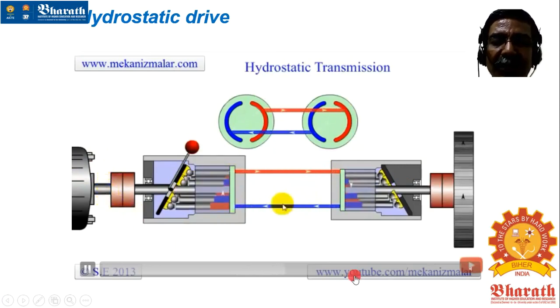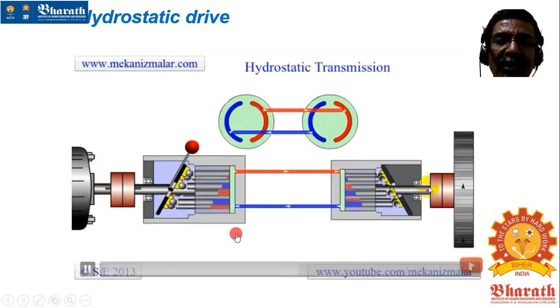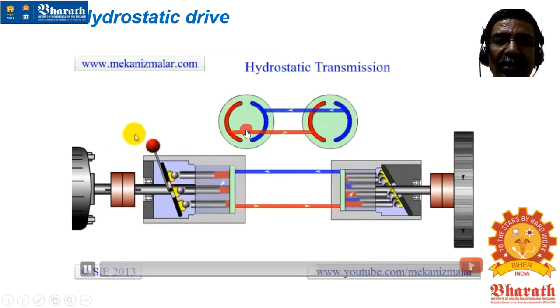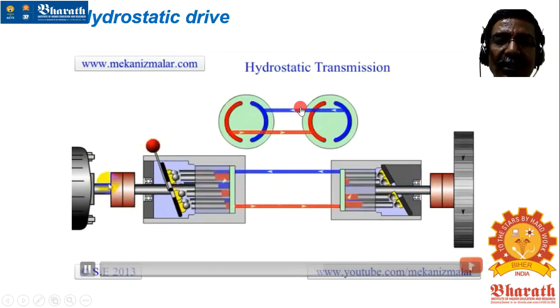Now let me move the lever to the extreme left position. Let's see what happens. Now you see the hydraulic fluid flow. Previously it was clockwise. Now you see it is in anti-clockwise direction or counterclockwise direction, because we kept the lever in the left extreme position.